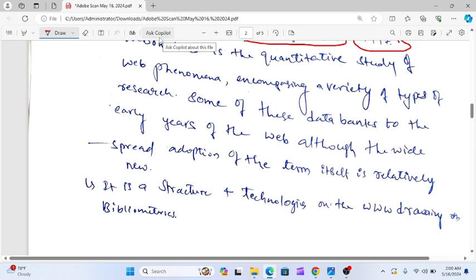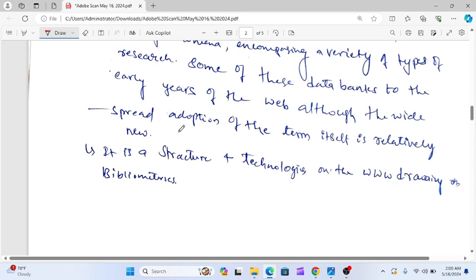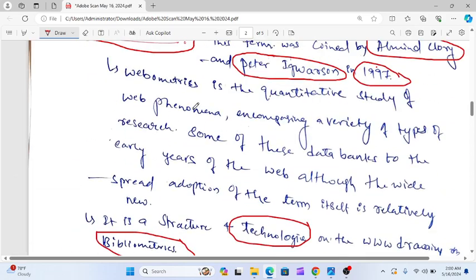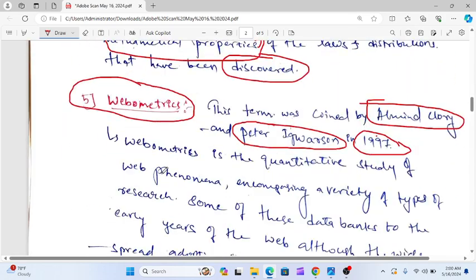Earlier, in the 1990s, webometrics started. It is the study of structures and technologies on the World Wide Web, drawing on bibliometric study, including web blogs and how information literature is published. Okay, these are the basic terms of webometrics.